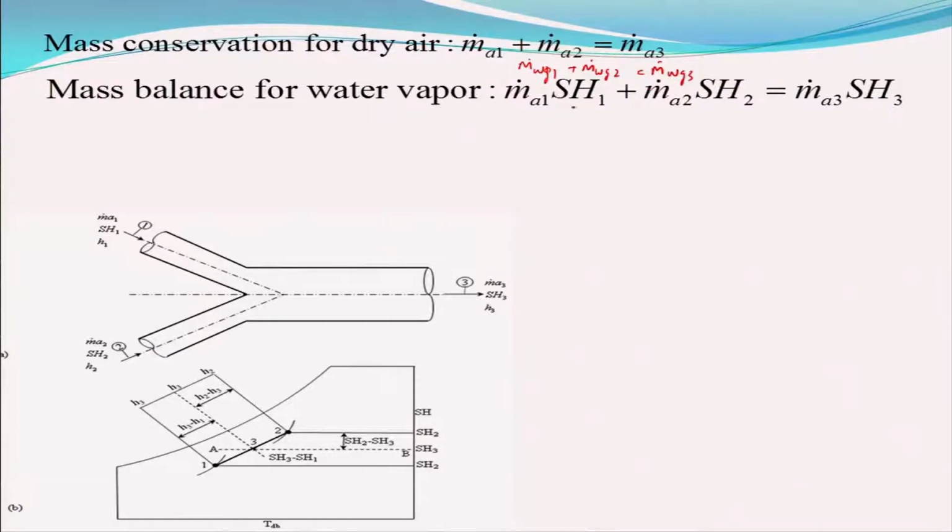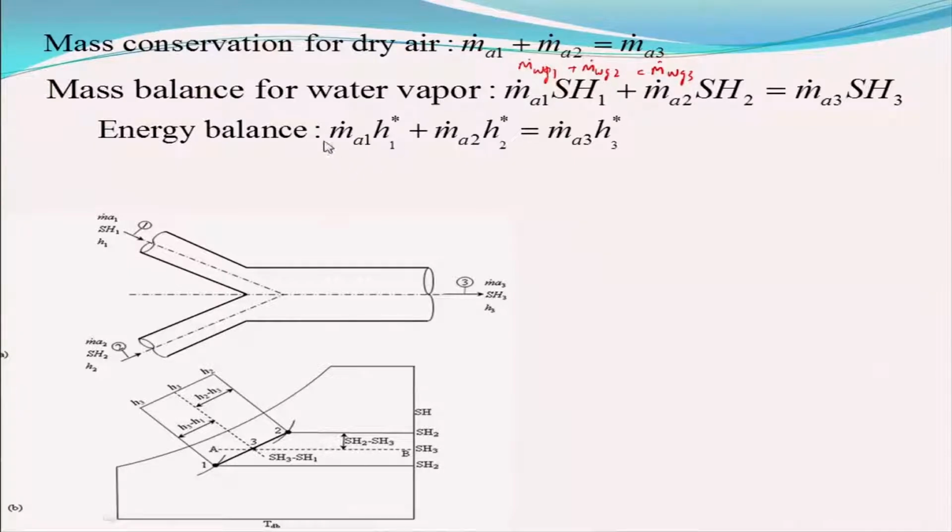We can express this in terms of specific humidity: m dot A1 SH1 plus m dot A2 SH2 is equal to m dot A3 SH3. With this, the water vapor can be expressed in terms of the mass of air and their respective specific humidities.